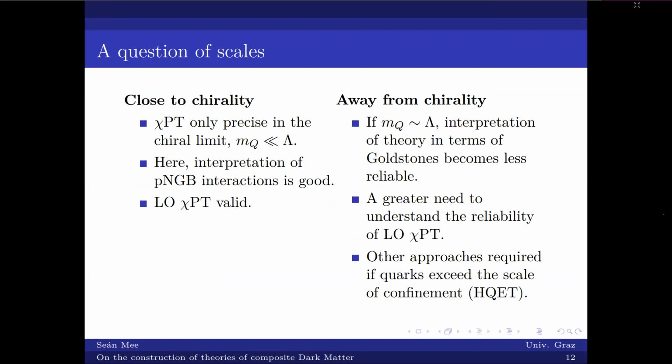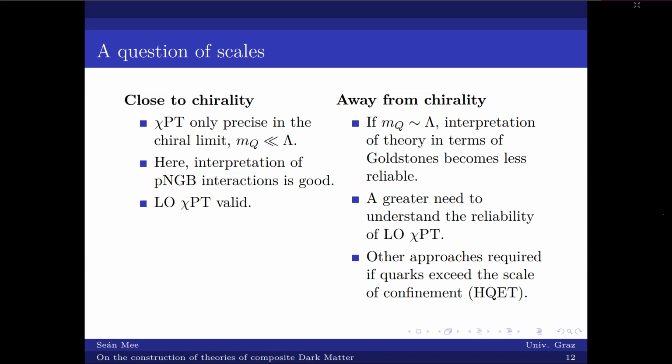So one thing I want to pay a little bit of lip service to before I move on is just this question of scales. So as I said, chi-pt is only precise in the chiral limit where the mass of our quarks are very small compared to the characteristic scale of the theory. Right? So here, the interpretation of pions or whatever, right, as PNGPs is good, right?